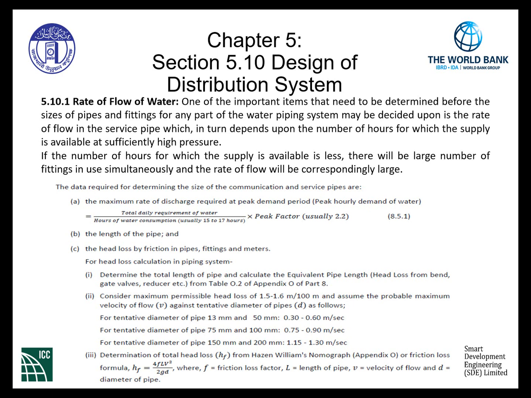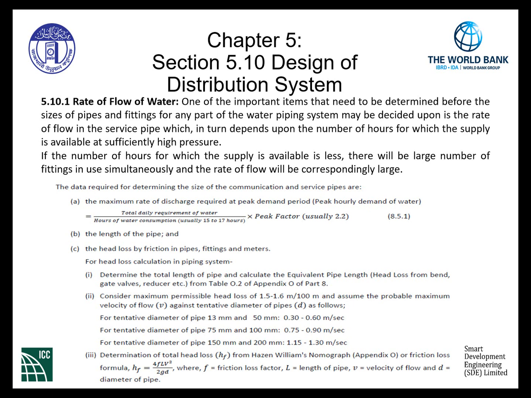In other words, head losses from bends, gate valves, reducers, and other equipment and fittings on the piping system from table 0.2 or Appendix O of Part 8. We will find specific information in Appendix O for the design of the distribution system.